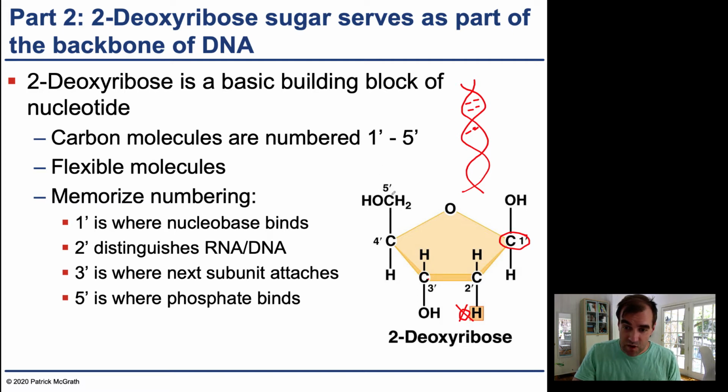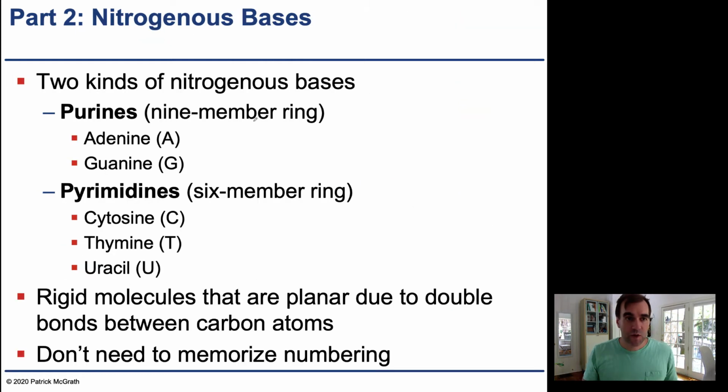The upstream nucleotide would bind here, and the downstream nucleotide would bind here. This also provides an ordering of the chain, which we'll go over in a little bit, in the 5' to 3' direction. If you've ever heard someone talk about DNA and the 5' to 3' direction, this comes from the naming system of the carbon atoms within the sugar.